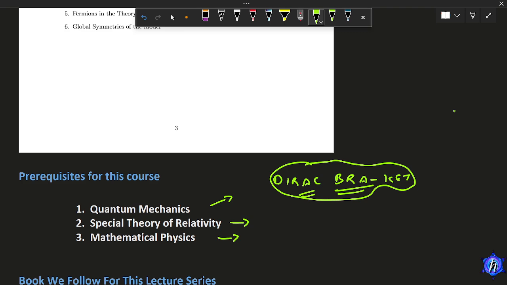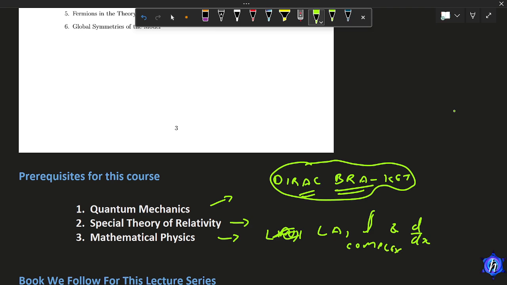In mathematical physics, linear algebra is, of course, a must. I also assume you're very comfortable with integration and differentiation, and quite comfortable with complex analysis.